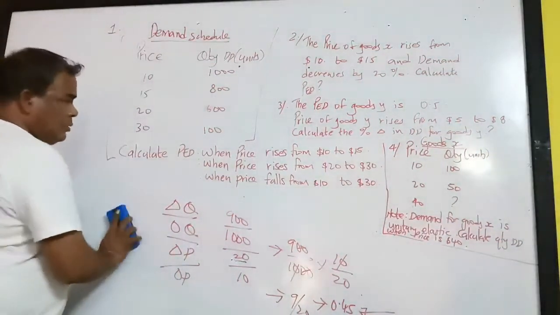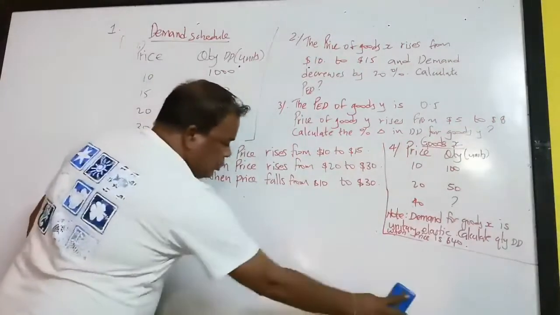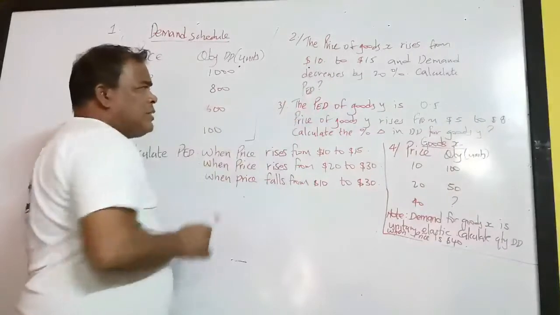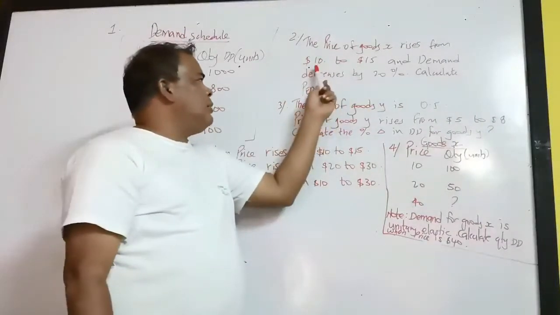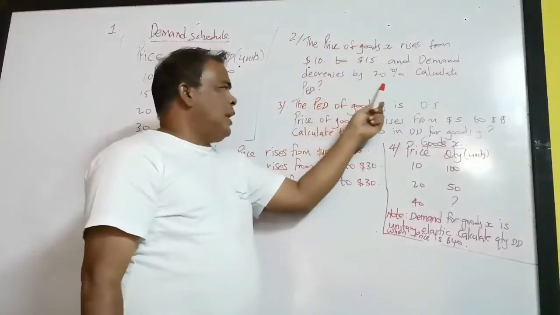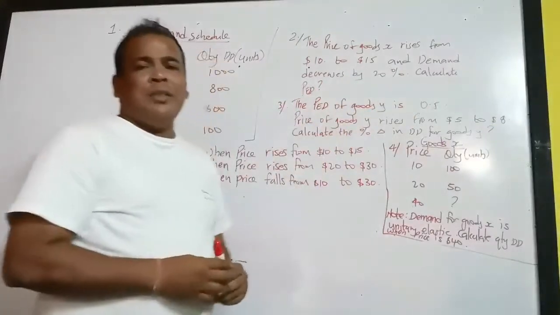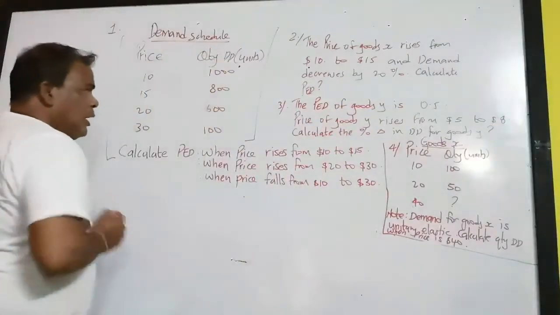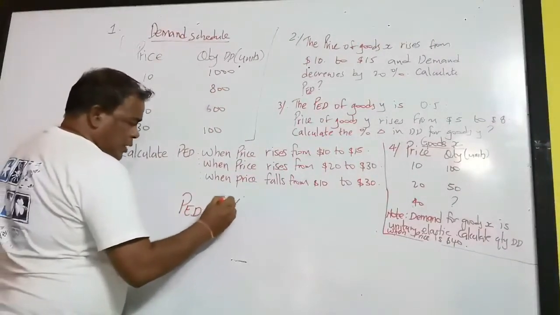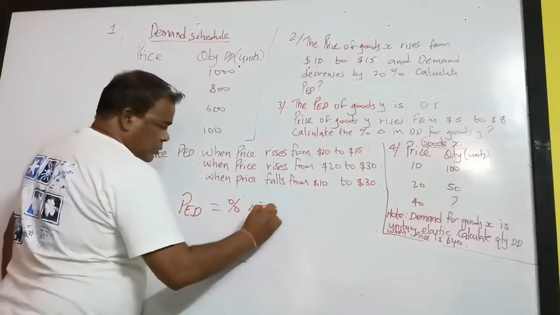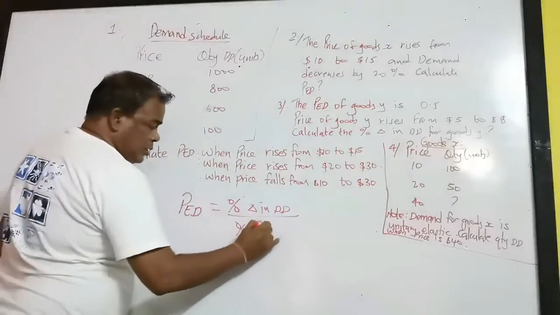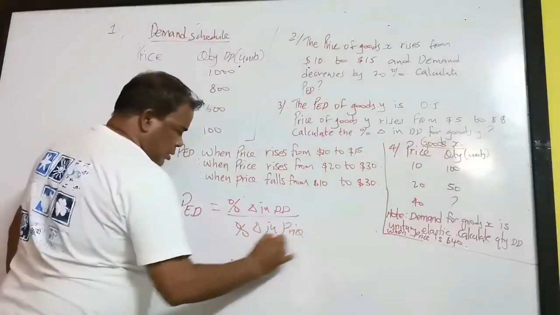Now, let us see. Second question, question number 2. The price of good X rises from 10 to $15 and demand decreases by 20%. Calculate price elasticity of demand. Then price elasticity of demand is equal to percentage change in demand over percentage change in price.